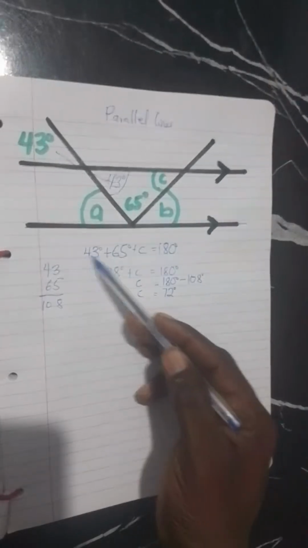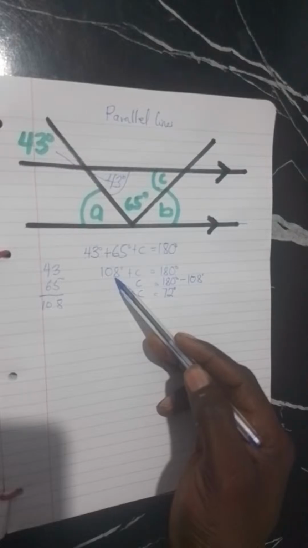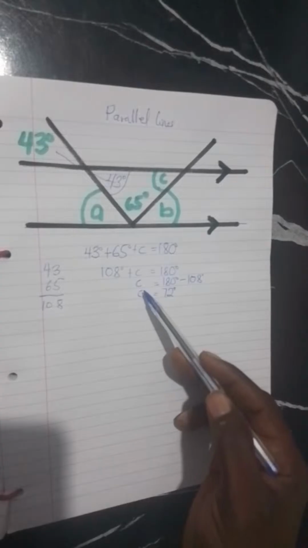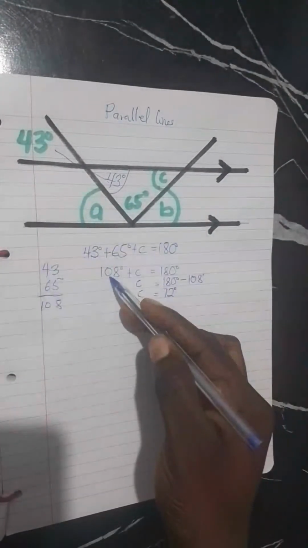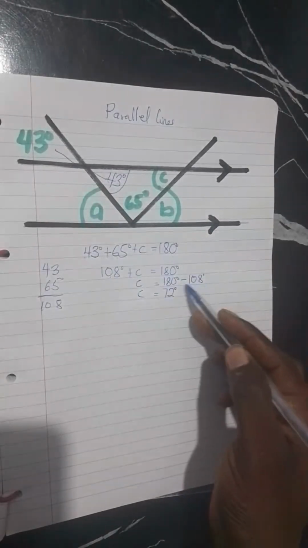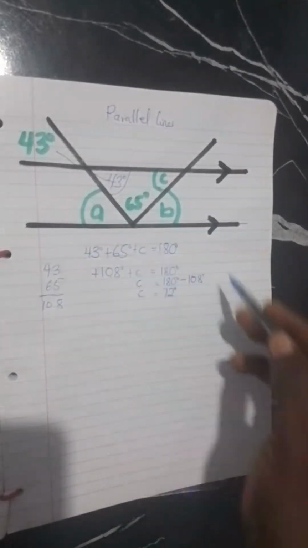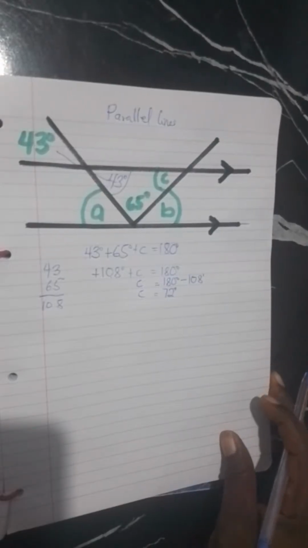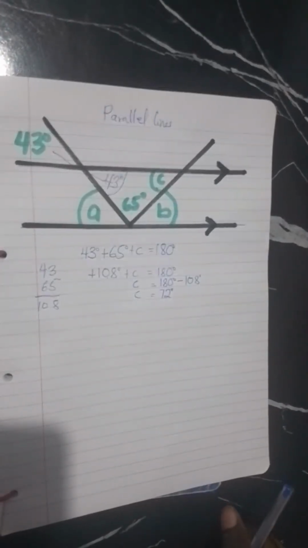So 43 plus 65 gives us 108 degrees, plus C equal to 180. Then C is equal to 180 minus 108. You transfer the 108 to the other side, and it becomes negative. So 180 minus 108 is 72 degrees.